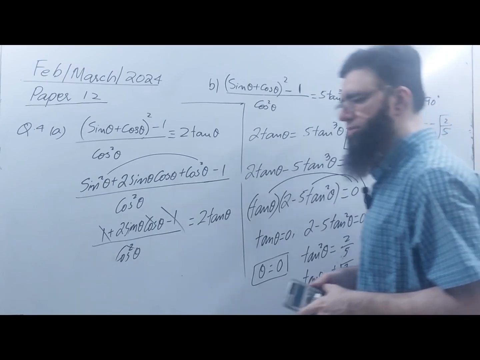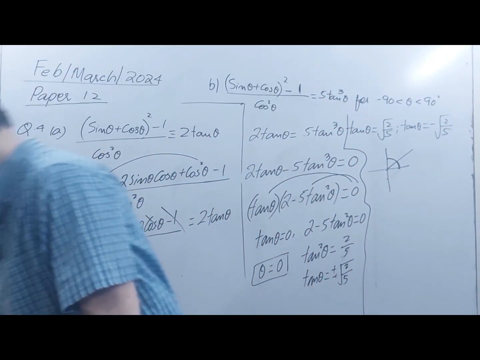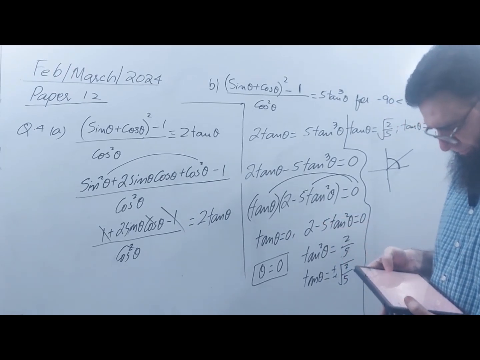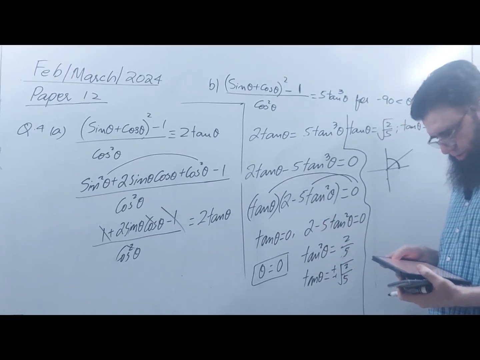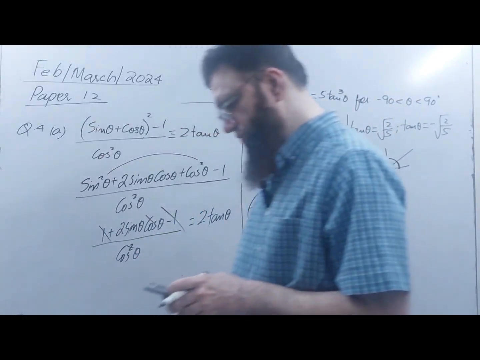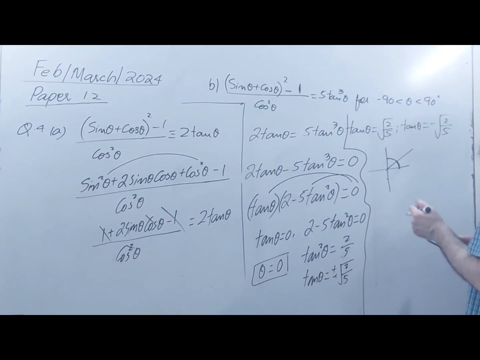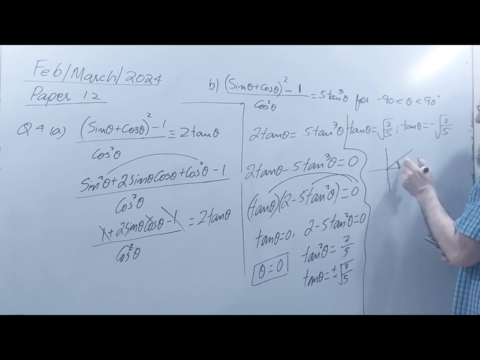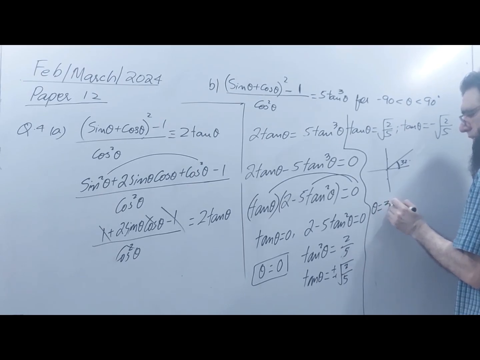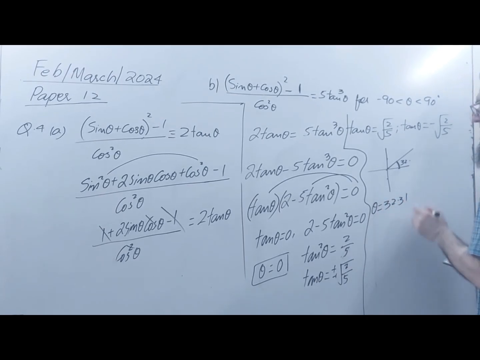which gives you 32.31. I don't know what significance level the angles are asked for. You have not been asked for a specific number of places; usually angles are written to one decimal place. So the answer is theta equals 32.31.